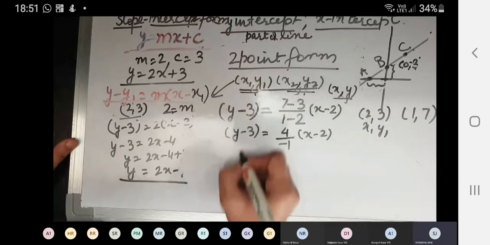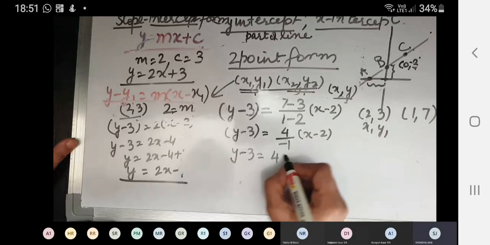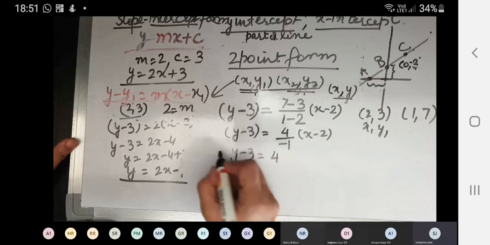Its simplified form is y minus 3 is equal to 4 into x minus 2, or you can multiply the minus on this side.